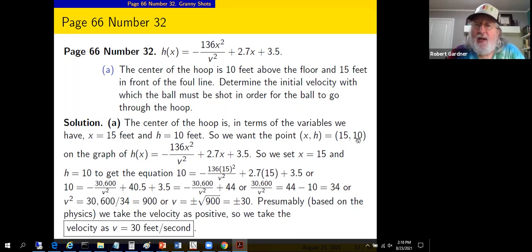X is 15, height is 10. We'll plug x equals 15 in right there and right there, producing 10 equals negative 138.6 times 15 squared over v squared plus 2.7 times 15, in parentheses is where I plug the x's in, plus 3.5. Okay, it's a real world application, so that means the numbers are going to probably be a little bit messy.